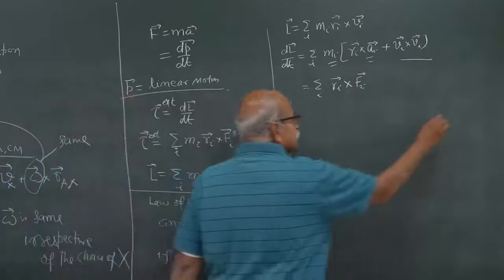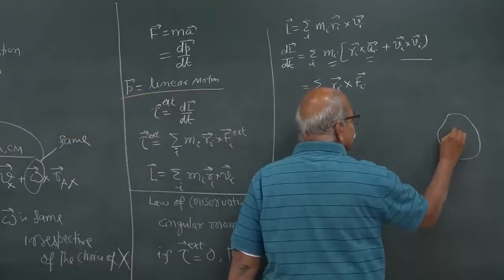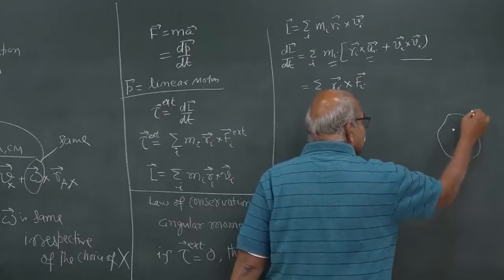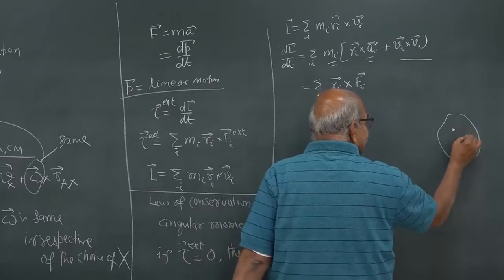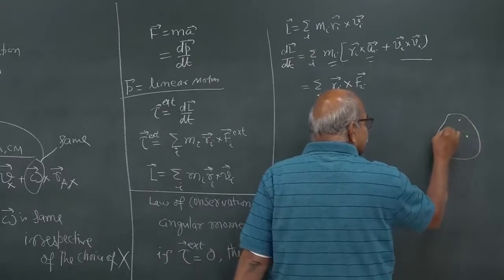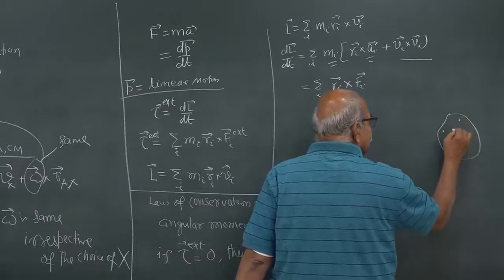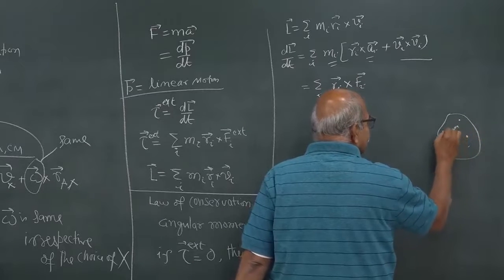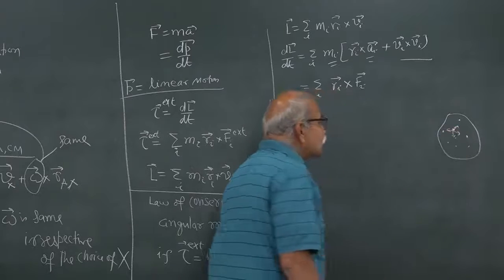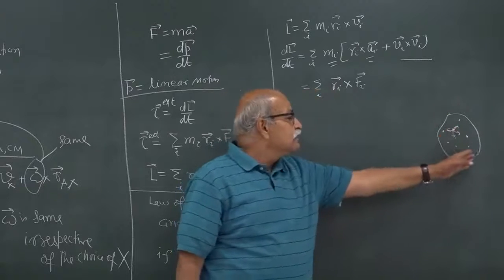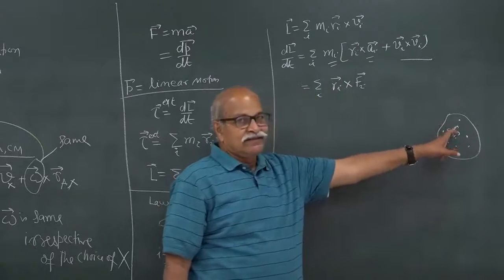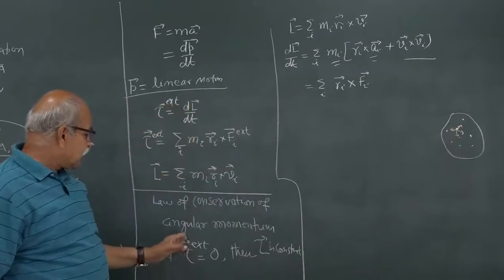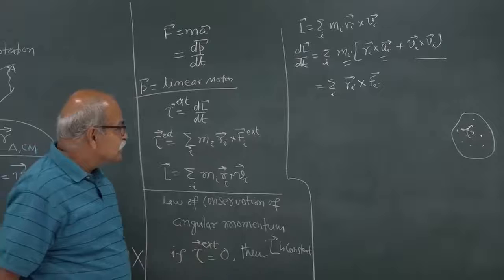So, if you have a rigid body and then you have a particle here, there are various forces on this, some are applied from outside and others are applied by these other particles. So, this particle is maybe attracting, this particle is attracting. So, these are the internal forces on this particle. Okay. So, our conservation law will be, if torque external is 0, then L is constant.